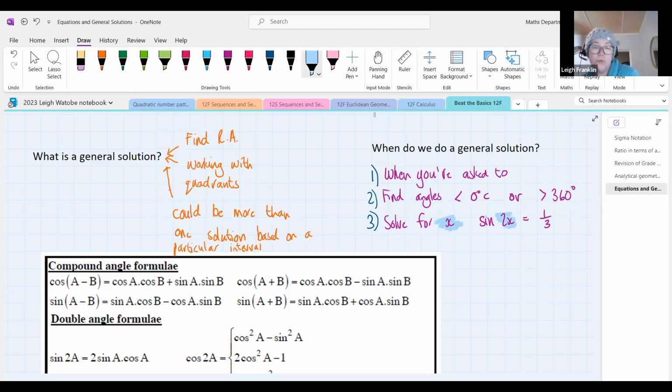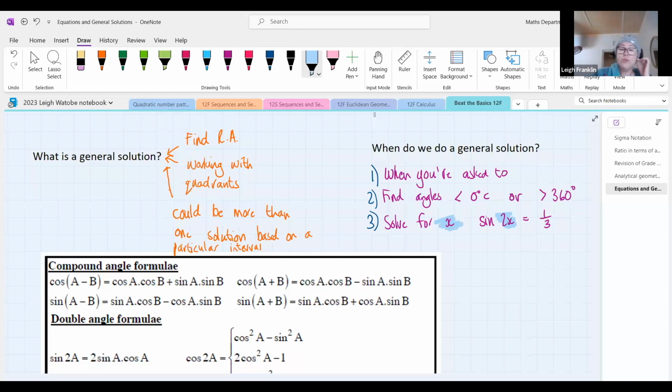All right, then you also need to do a general solution. So there's 3 situations. Number 1, when you're asked to. Number 2, when you are solving for angles that are smaller than 0 or greater than 360. Or if the angle that they are asking you to solve for is different to the angle in the question, then you are going to find a general solution.